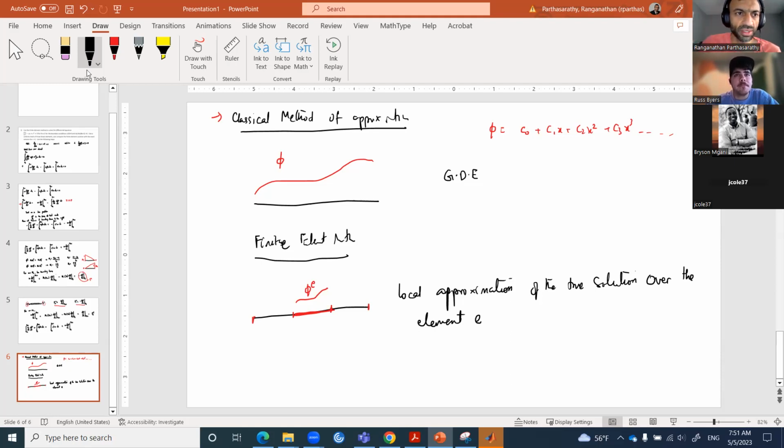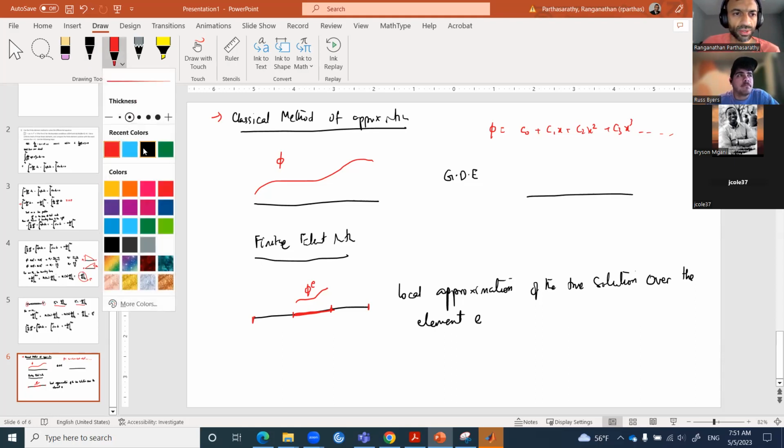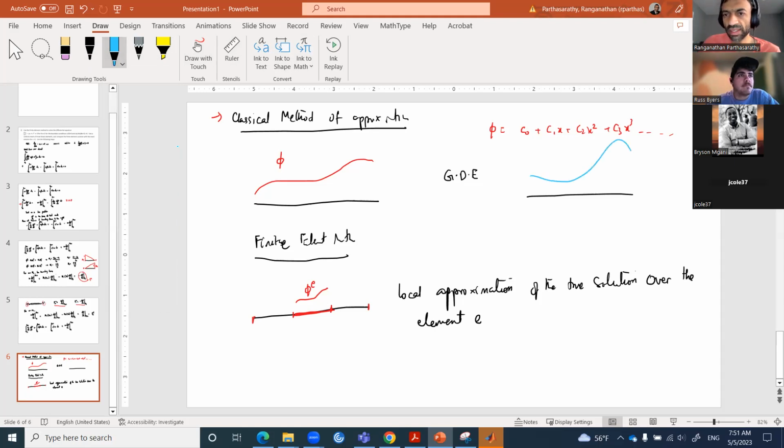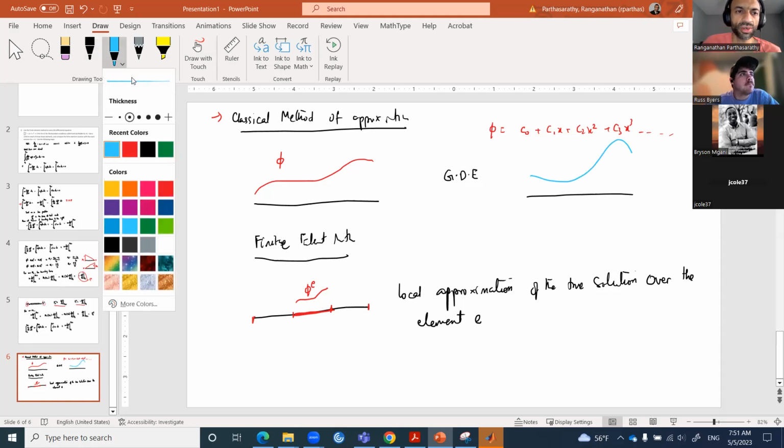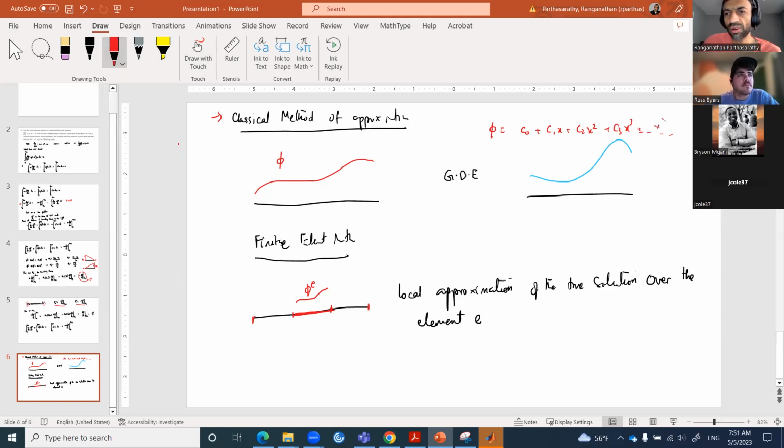So you can imagine that in the classical method of approximation, let's say your true solution looks like, suppose, something like that, right? Then you can imagine that in order to get a good approximation to this solution, we would have to assume x to the power 4, x to the power 5, or some quite complicated approximation function, right?